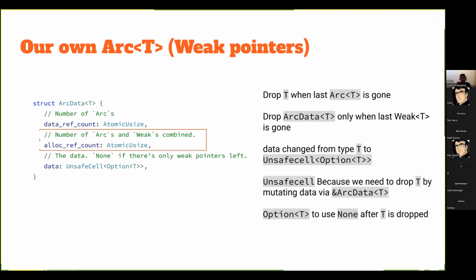In other words, alloc ref count just keeps track of the number of ArcData that are live, not the T itself, just the ArcData of T. If it's still confusing, you will understand more when we see all the API implementation. But something to keep in mind is that we have two reference counts. One points to the actual T, and the other points to the ArcData pointer itself.